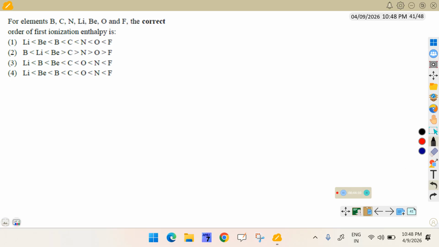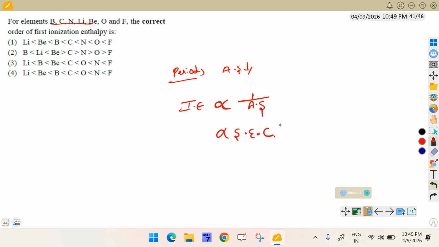The correct order of first ionization enthalpy is, we know that all these are period elements. Across a period, left to right, atomic size decreases. Ionization energy is inversely proportional to atomic size and directly proportional to stable electronic configuration.